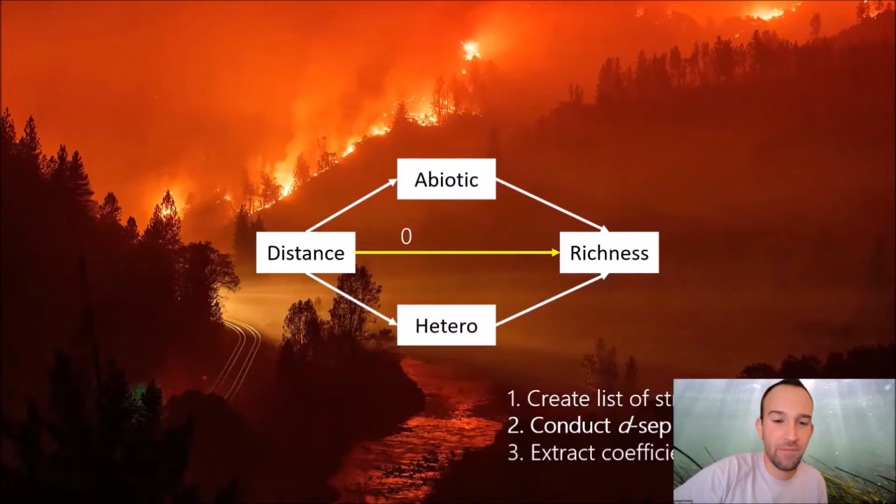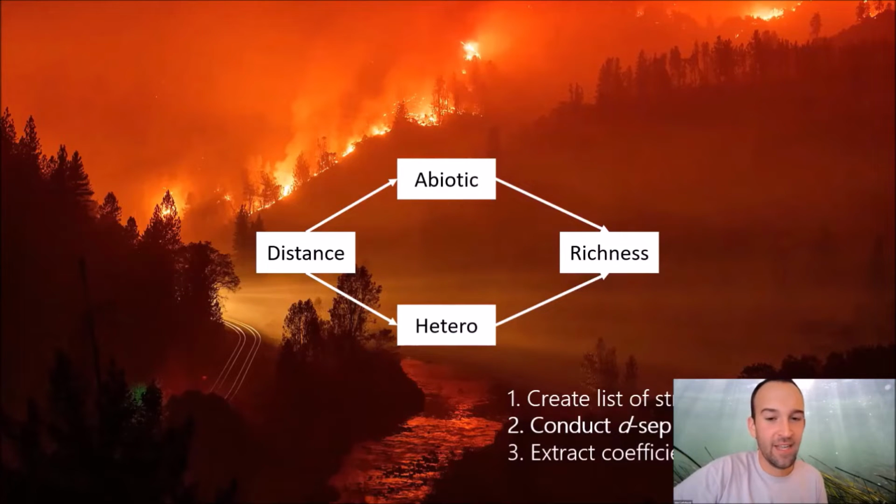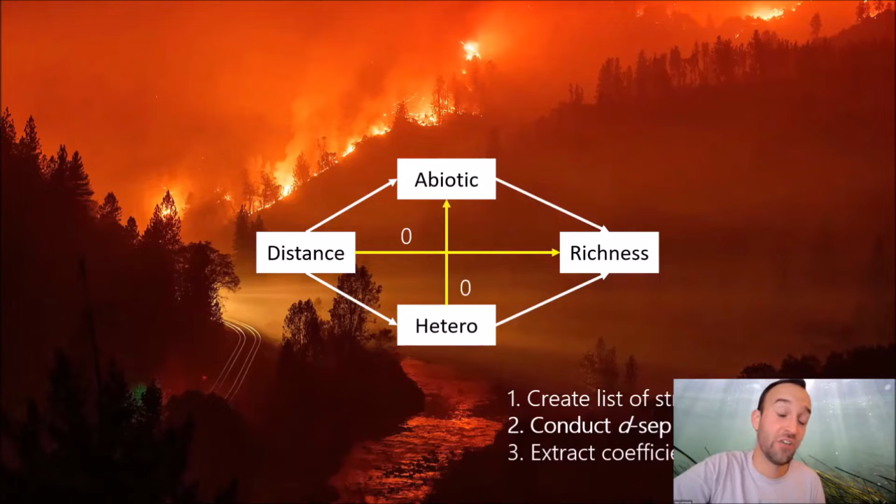So one assumption we make in this model is that the relationship between, say, distance from shore and species richness has a correlation of 0. And we also assume that the relationship between compositional heterogeneity in the abiotic environment also has no association. In other words, we don't believe that there's a causal link between these variables.